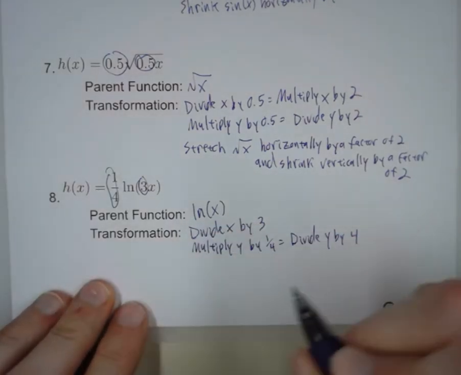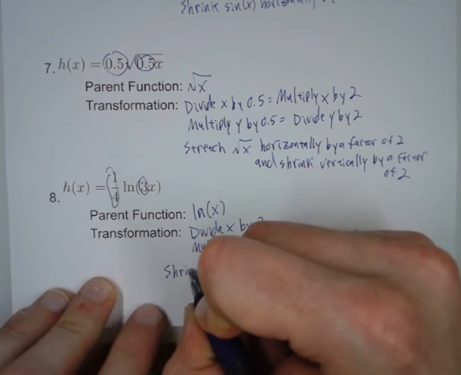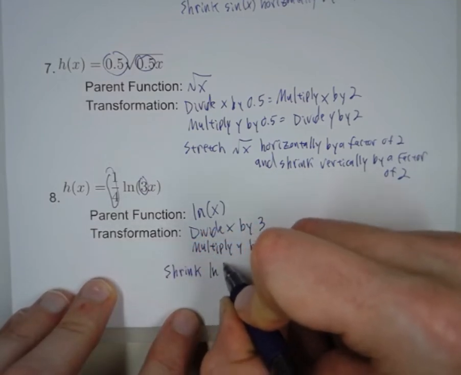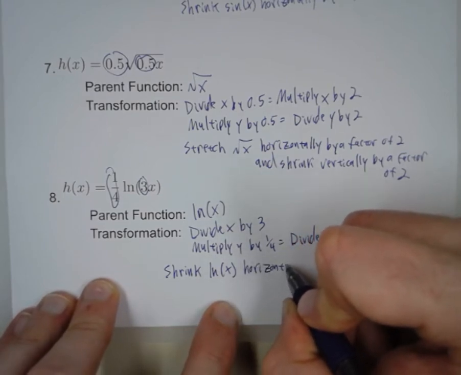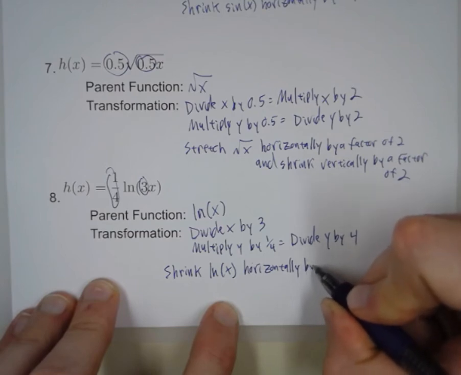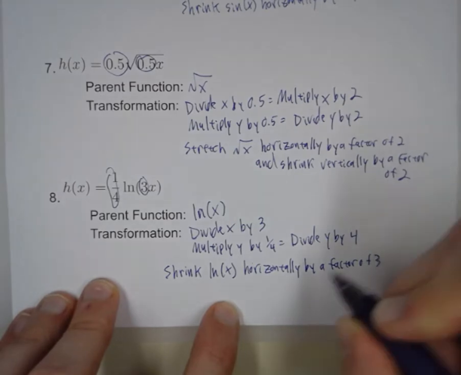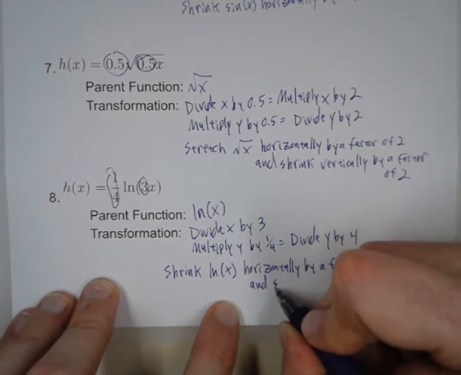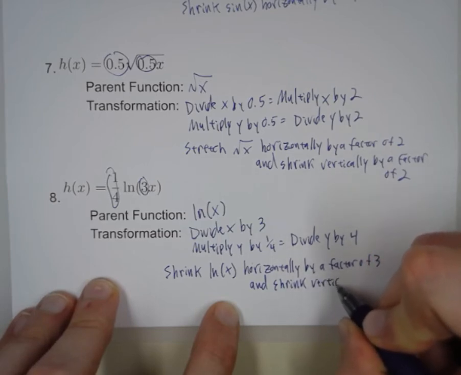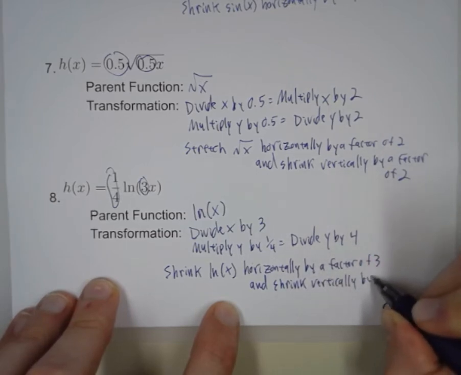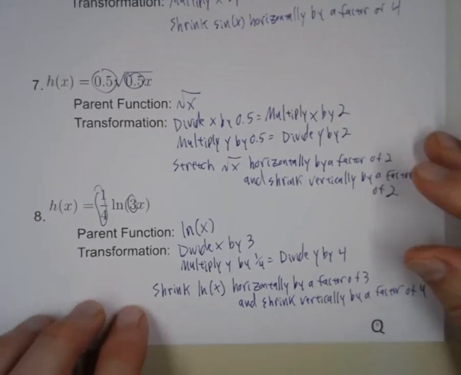And so what's going to happen is if we're dividing x and dividing y, then what that means is we're going to shrink ln of x horizontally by a factor of 3 and shrink vertically by a factor of 4. Okay.